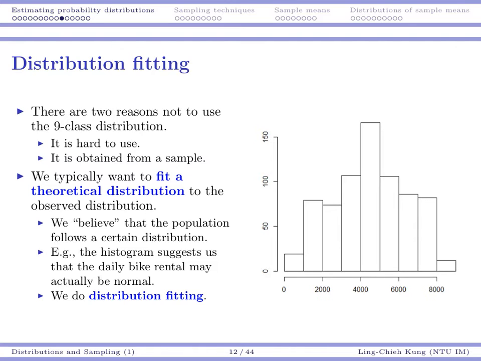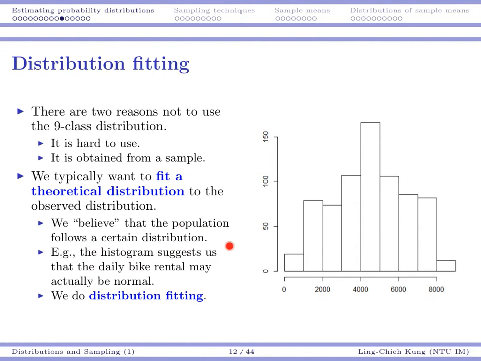So that means some adjustments are fine as long as we do that in a reasonable way. So now I'm going to do what people typically do when we do distribution fitting. We're going to fit a theoretical distribution to the observed distribution. What does that mean? We're going to ask ourselves to believe that the population follows a certain distribution.